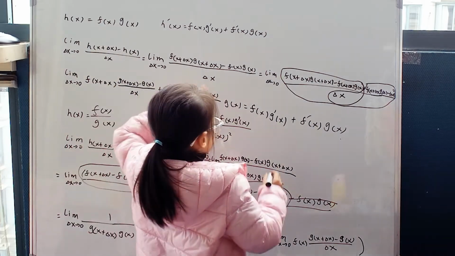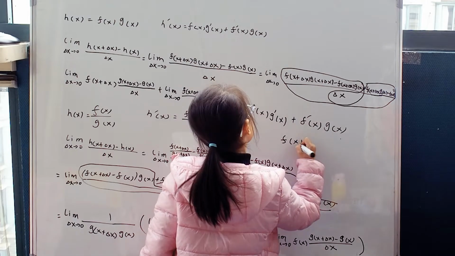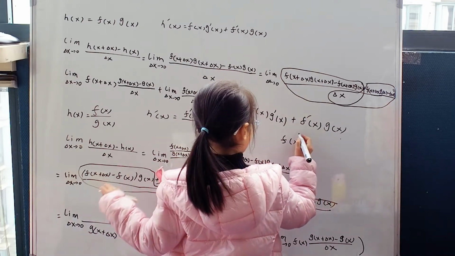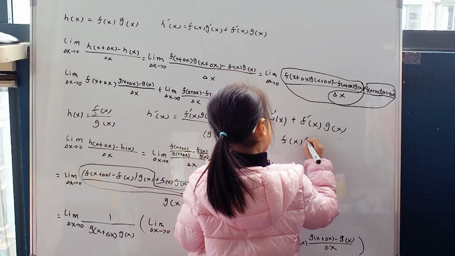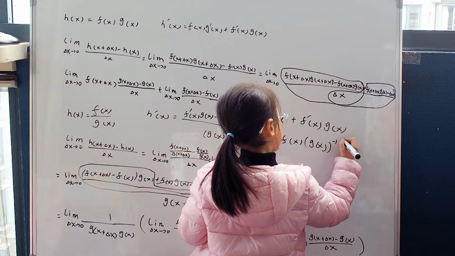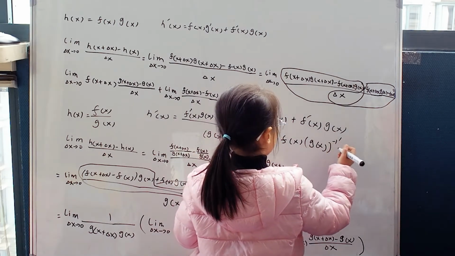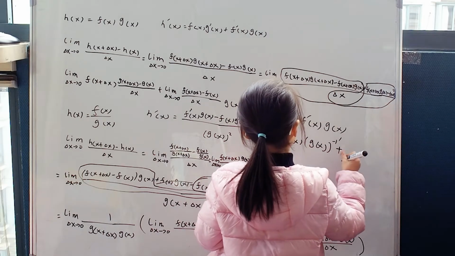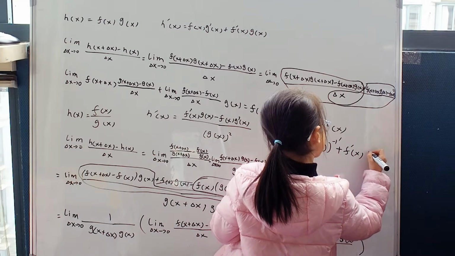It's f of x times g of x to the negative 1, and plus f of x derivative times g.